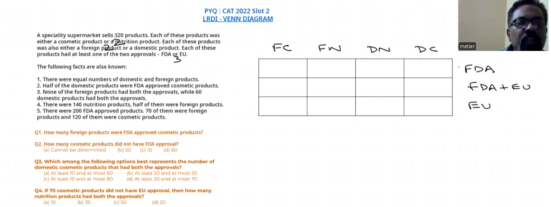Next. What data we are having? The first information: there are an equal number of domestic and foreign products. So total 320 products are there.